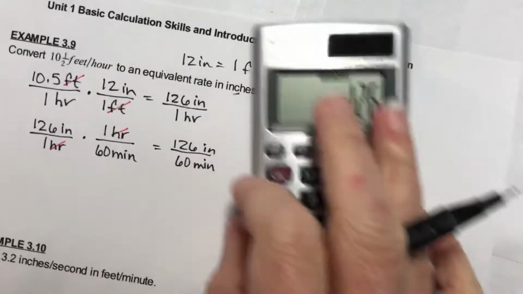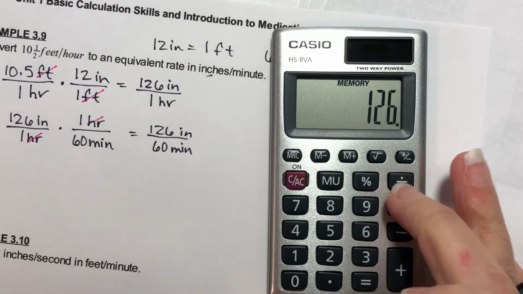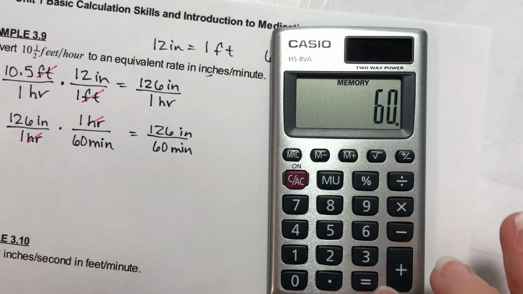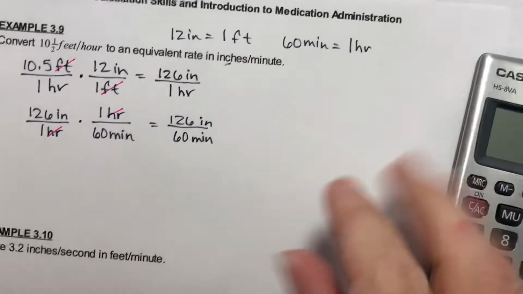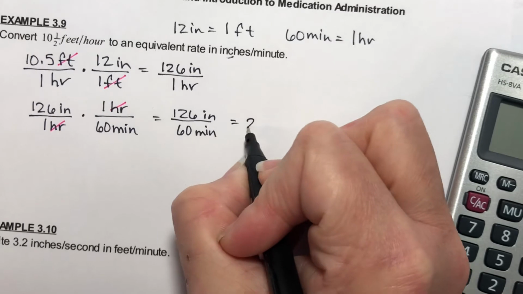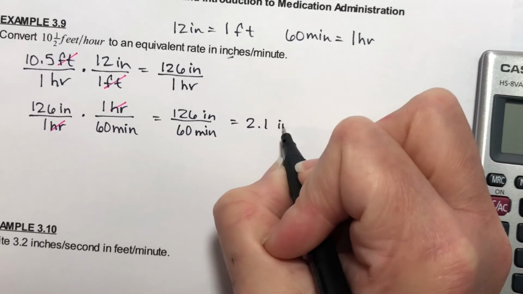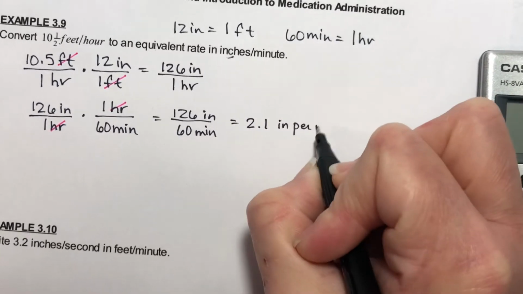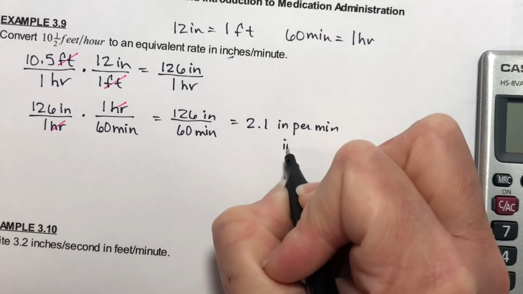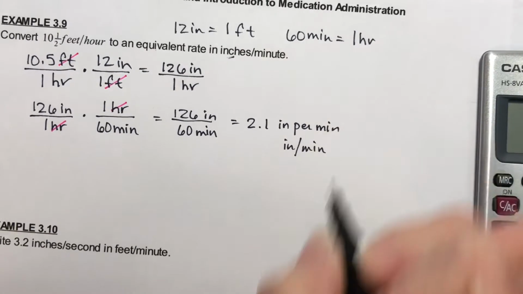And I'm going to do that division. 126 divided by 60 gives me 2.1. So this answer is 2.1 inches per minute. Or you could write inches/minute. Means the same thing.